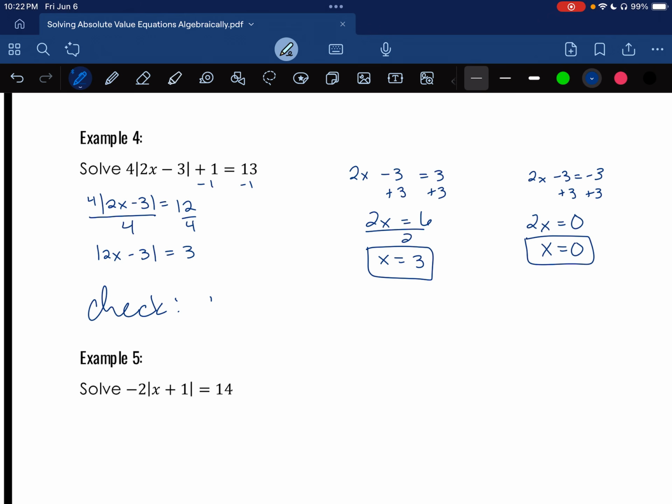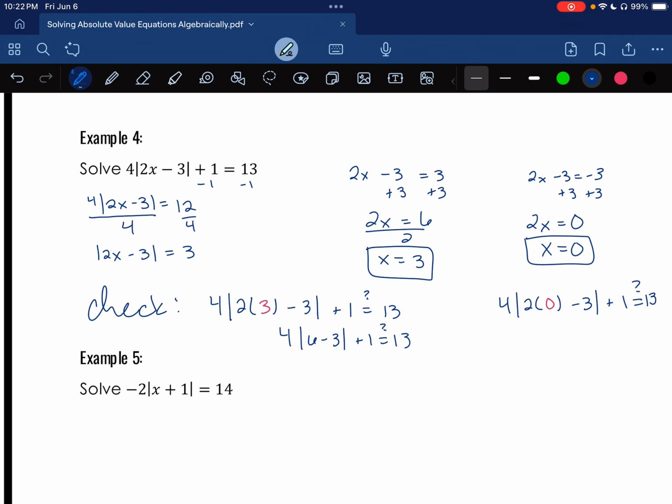So we go way back to the beginning here, using parentheses. This is why we practiced this a few days ago in our intro to absolute value functions, using parentheses when we're evaluating these expressions. So I'm plugging in 0 here, and I'm plugging in 3. Over here, this is going to become 4 times the absolute value of 6 minus 3, plus 1.